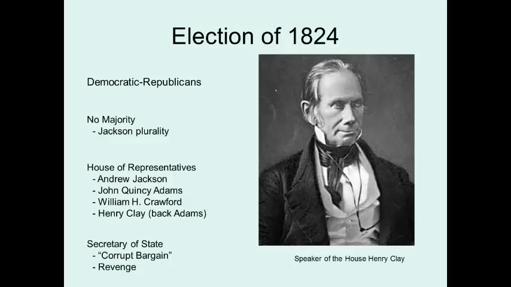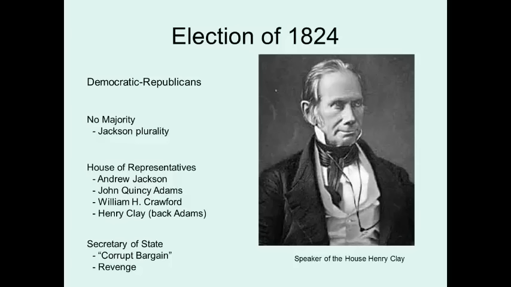Nevertheless, Andrew Jackson declared that this was a corrupt bargain, that Henry Clay had been promised the Secretary of State position, and that's why he threw his support to John Quincy Adams. There has been zero evidence for this claim that this was a corrupt bargain, but this is how Andrew Jackson interpreted it.